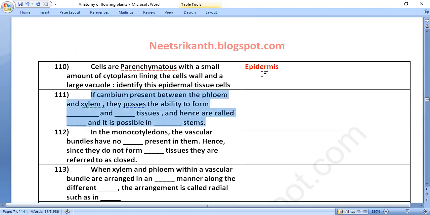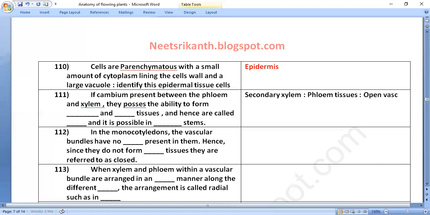If cambium is present between the phloem and xylem, they possess the ability to form secondary xylem and phloem tissues, and hence are called open vascular bundles.